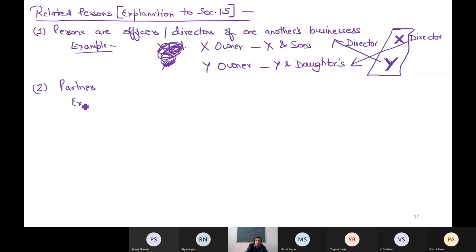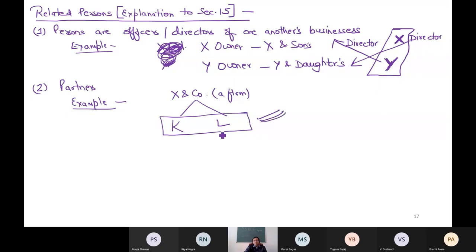For example, X and Company is a partnership firm where you are having two partners, K, L. So K and L are what? Related persons. So any supply between K and L, even without consideration, is what? Supply.